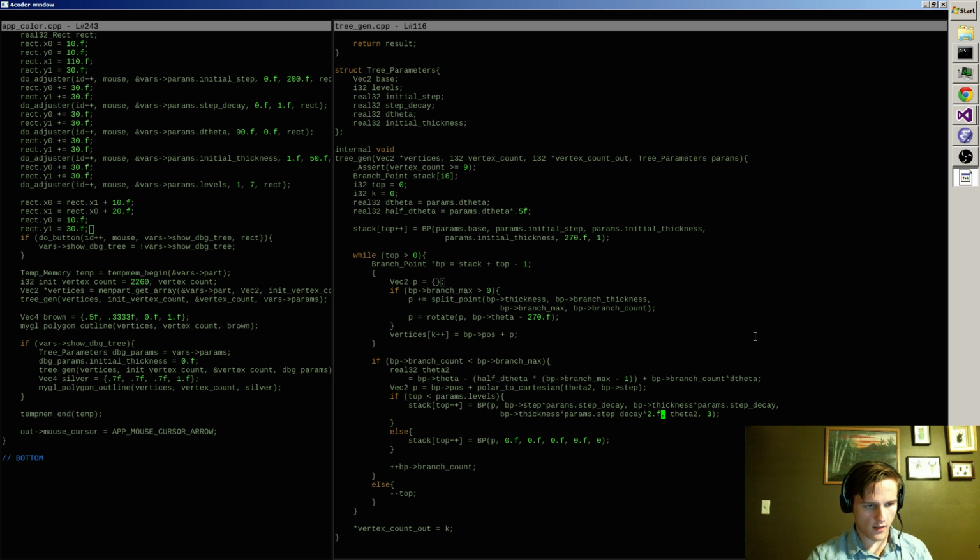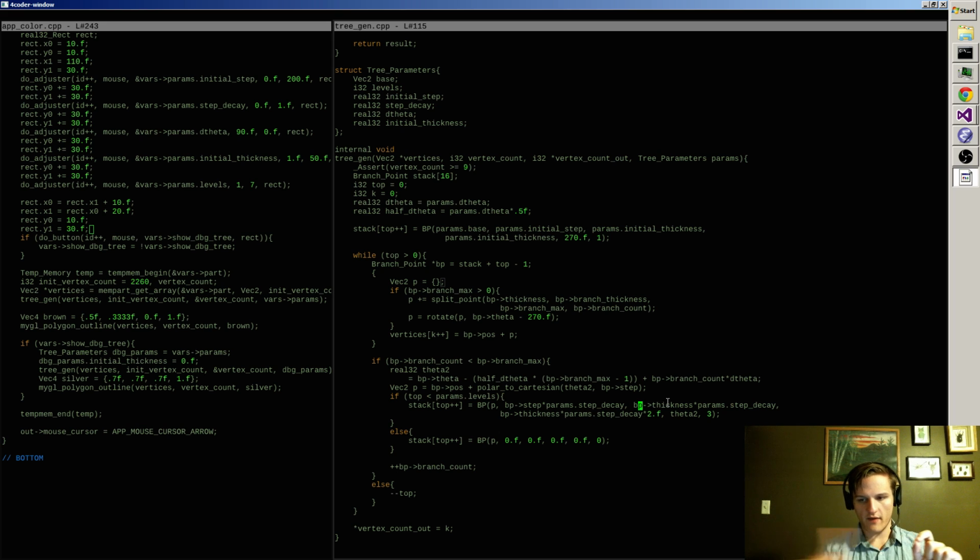The reason for that is that this right here is the radius. If you look at the next branch, the two points where the thing starts splitting off, the base part, that thickness parameter there is the radius.